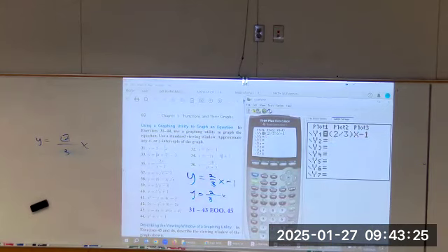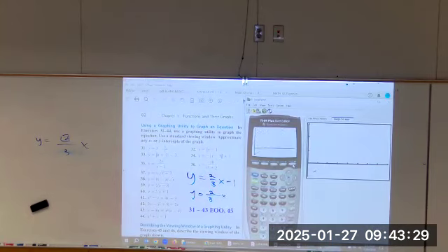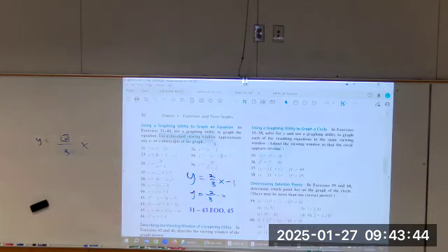Now, if I just graph, the graphing button is over here in the top right. That is not the right answer, because the directions say use a standard viewing window.